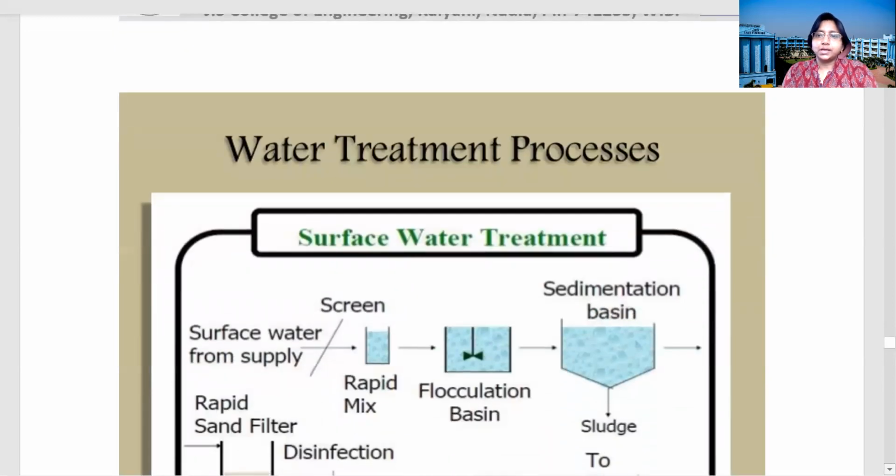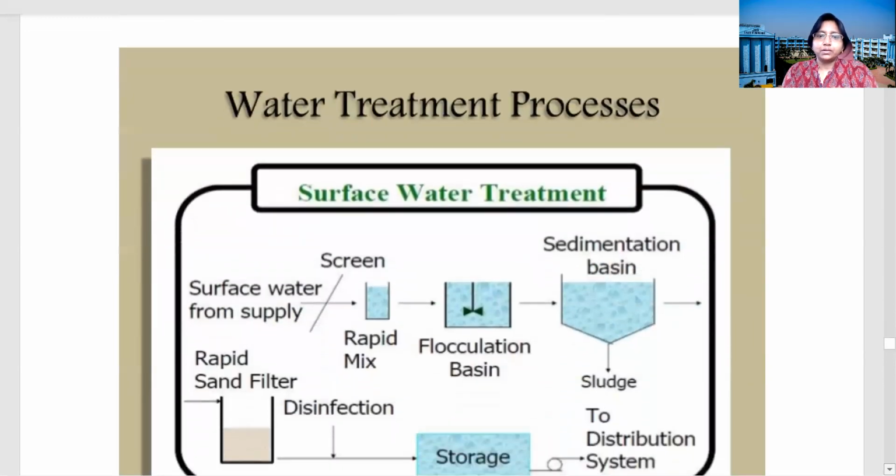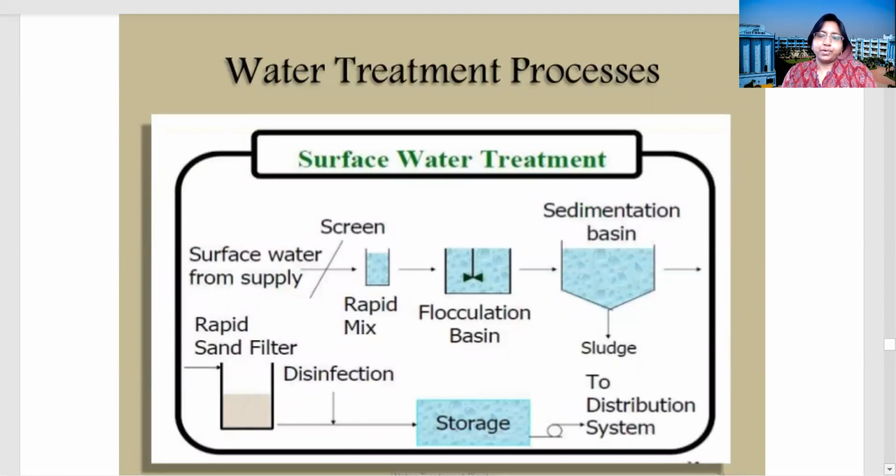Now, that is the schematic diagram. I have described it first, then I am showing you the picture. This one is the surface water. If you are asked to describe surface water treatment along with the schematic diagram, then you have to draw this picture: surface water from supply, then screening, then rapid mixing.